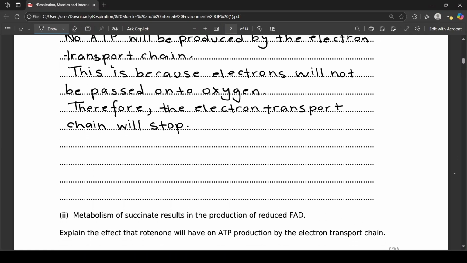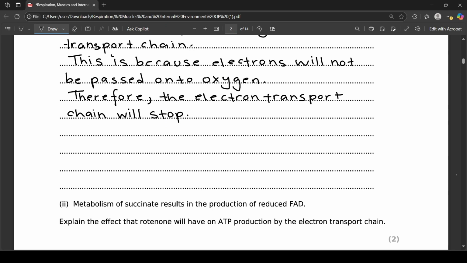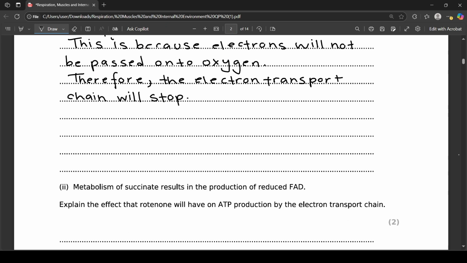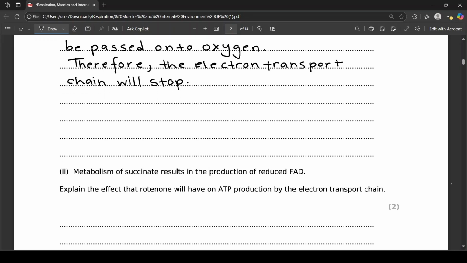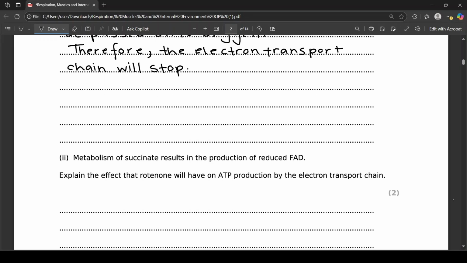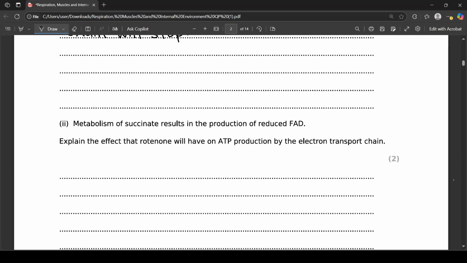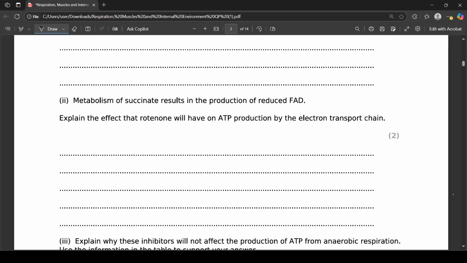Okay, so the next question is, metabolism of succinate results in the production of reduced FAD. Explain the effect that rotenone will have on ATP production by the electron transport chain. So firstly, we have to write the effect of rotenone on ATP production.